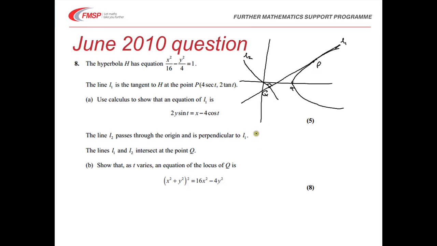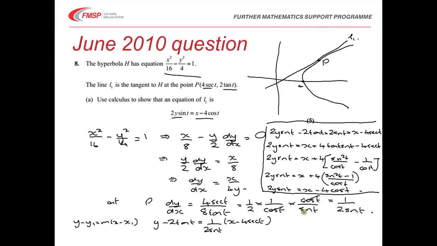Well, it's on the line L1, which we know is 2y sine t equals x minus 4 cos t. It's also on the line L2. Now L2 is a line through the origin, so L2 is just of the form y equals mx. Now m is the gradient. If you remember, the gradient of the line L1 was 1 over 2 sine t.